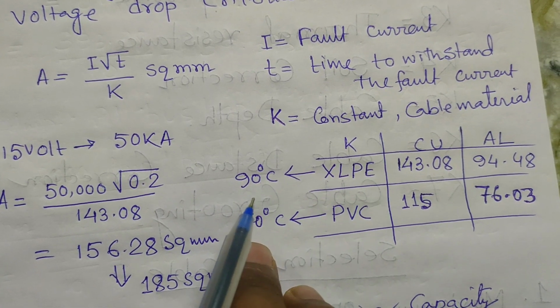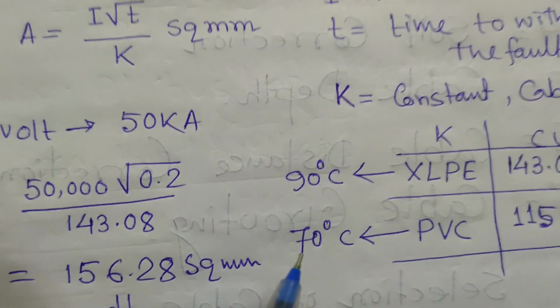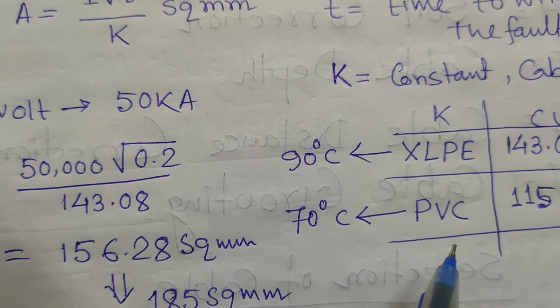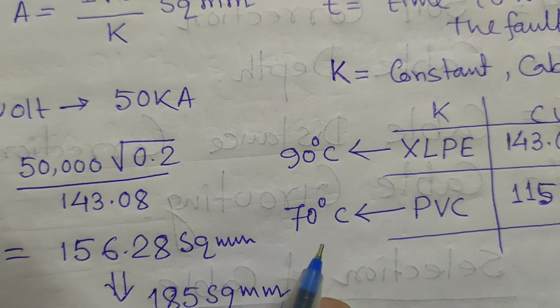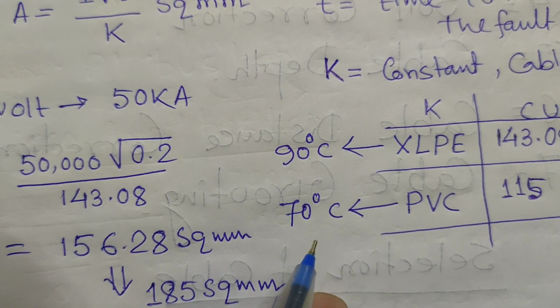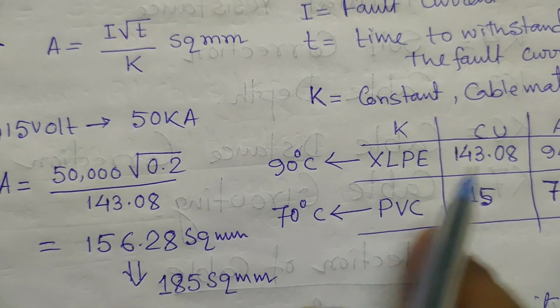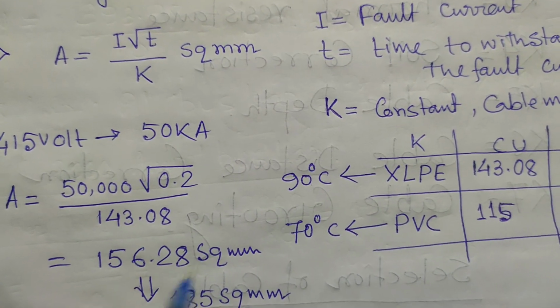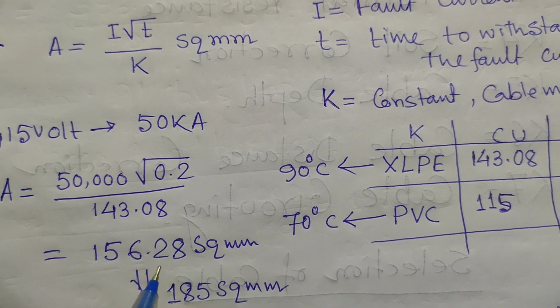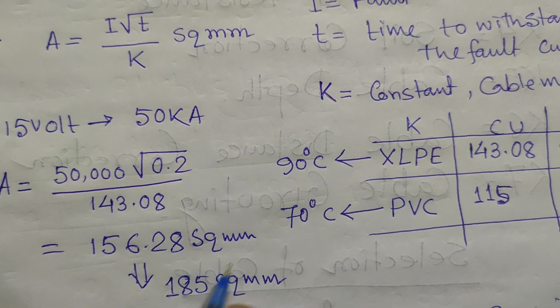XLPE cable can sustain a temperature of 90 degrees Celsius and PVC cable can sustain a temperature of 70 degrees Celsius. By putting in the value for copper XLPE here, we get 156.28 square mm.